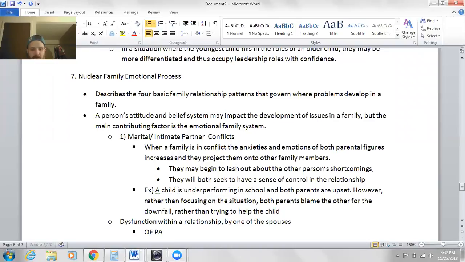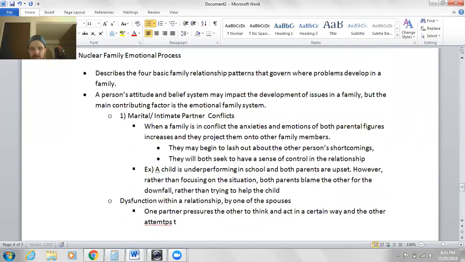One partner pressures the other to think and act in a certain way, and the other attempts to fulfill that role.